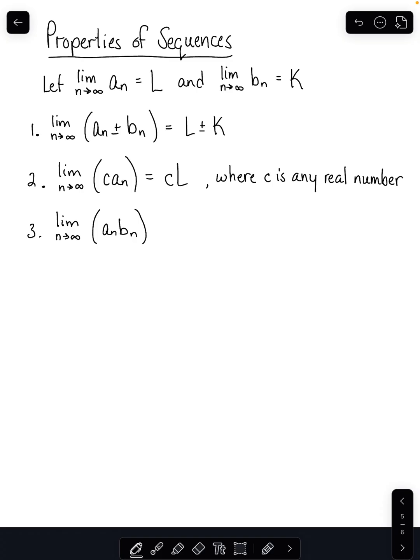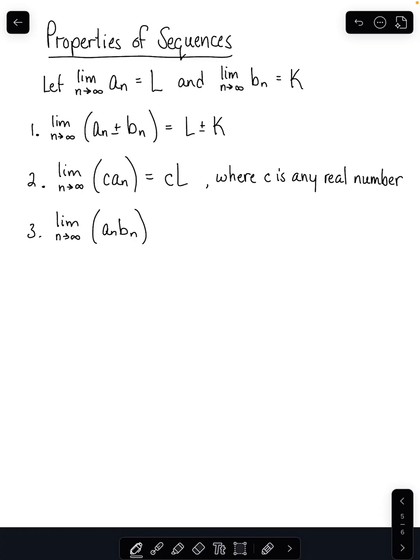Well, given what we said for property number 1, that if the terms of the first sequence, a sub n, are all finite and are all approaching something, and the terms of the sequence b sub n are also all finite and approaching something, then adding them together should still result in something finite that is then approaching something.